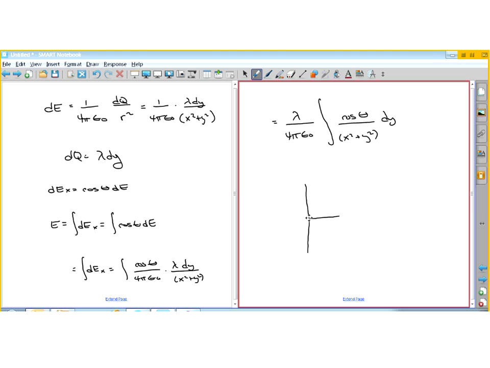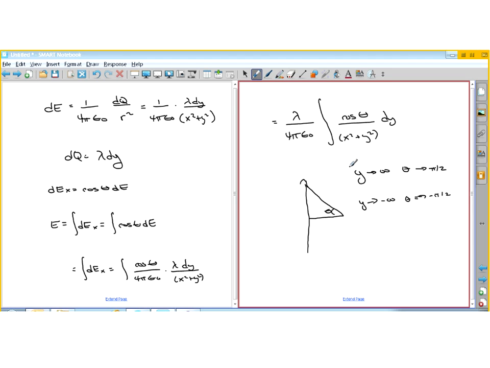So if we look at this, when you get out to y equals positive infinity, theta goes to positive pi over 2, and as y goes to negative infinity, then theta goes to negative pi over 2. So instead of the limits being infinite, we can make the limits finite.